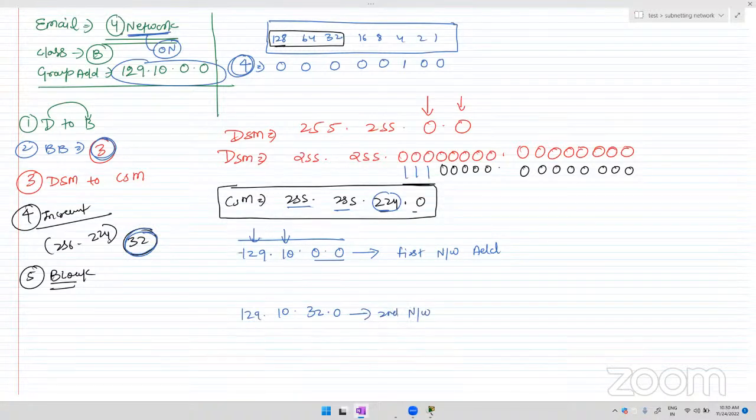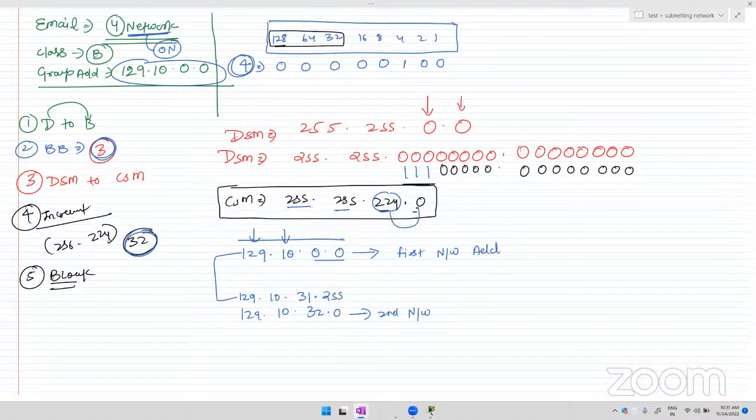Can you please verify which one is my broadcast? Anyone know which one is my broadcast? Before 32.0, which value comes out? 31.255, because this octet helped to fill this one.